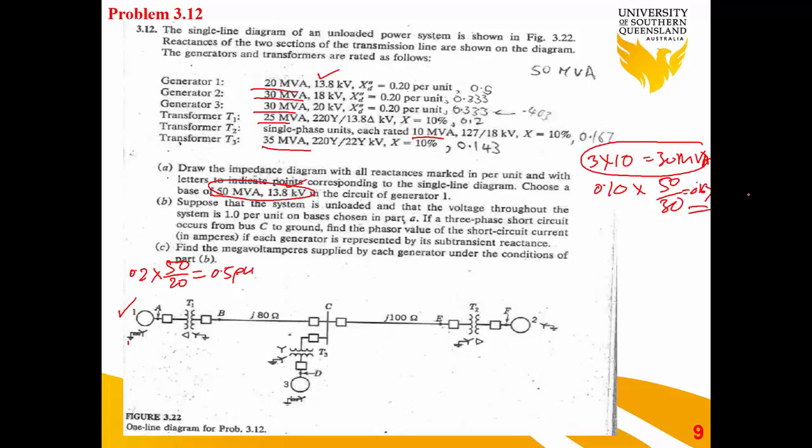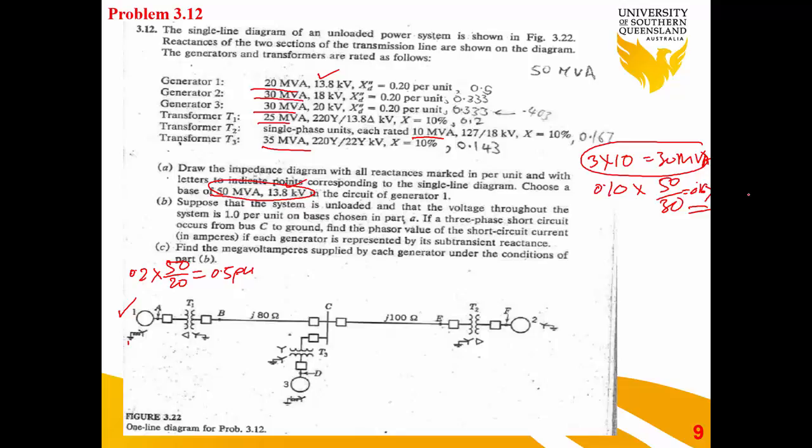How about this side? Understand? Or is it difficult? Okay, you got the message? And then you got 35 MVA, because this one did not mention anything but 10%, and then how to transfer that onto the 35 and 50 base.